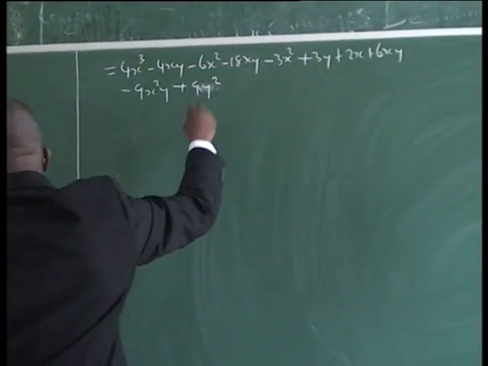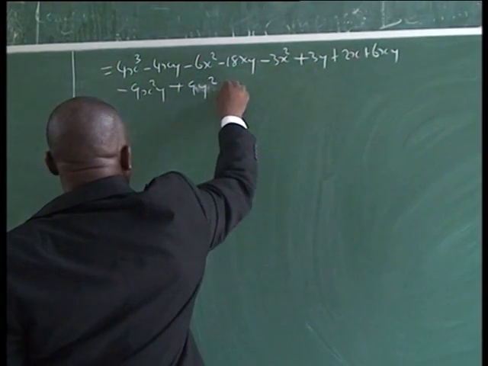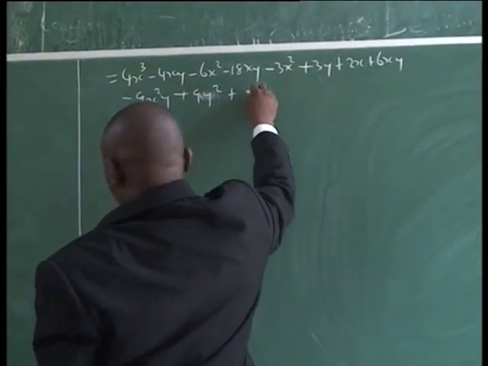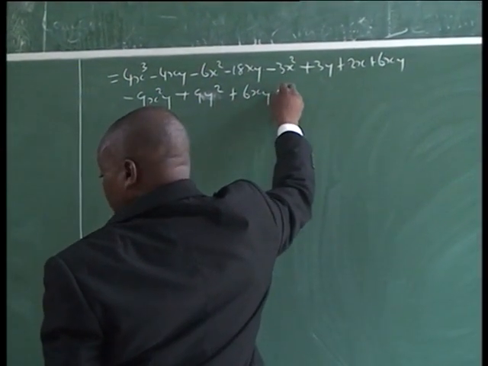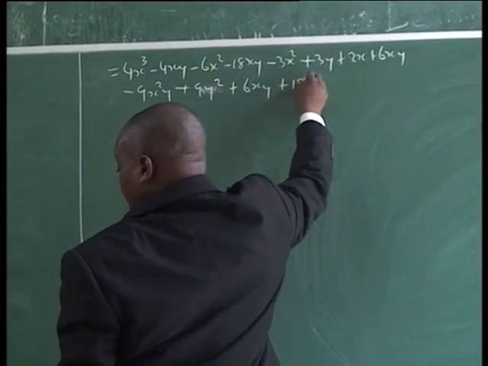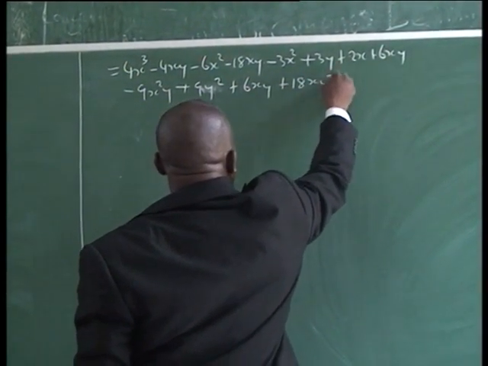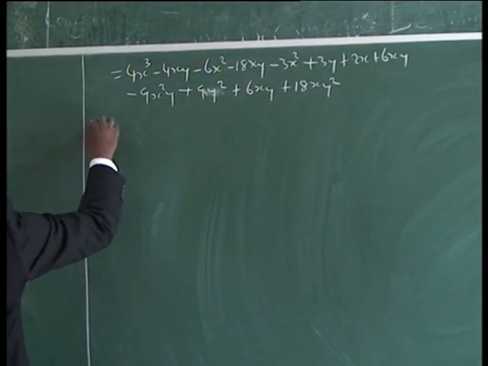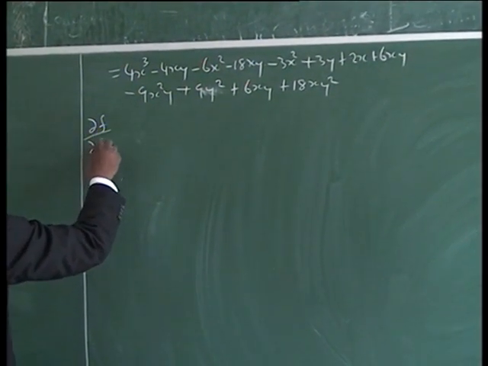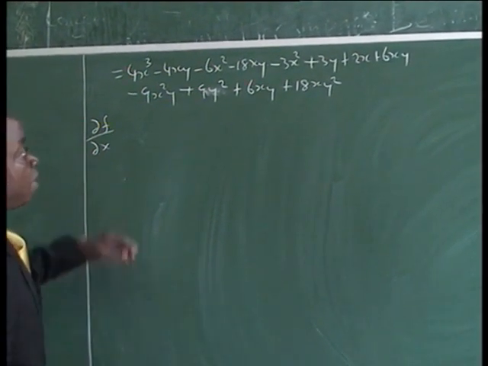Then we also have here plus 6xy plus 18xy squared. That is partial f, partial x.